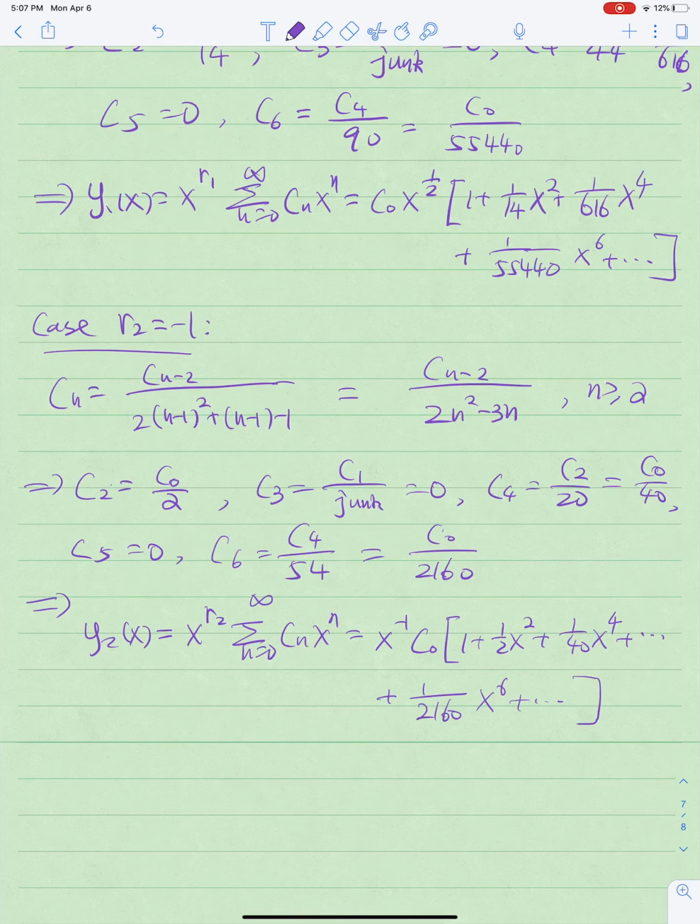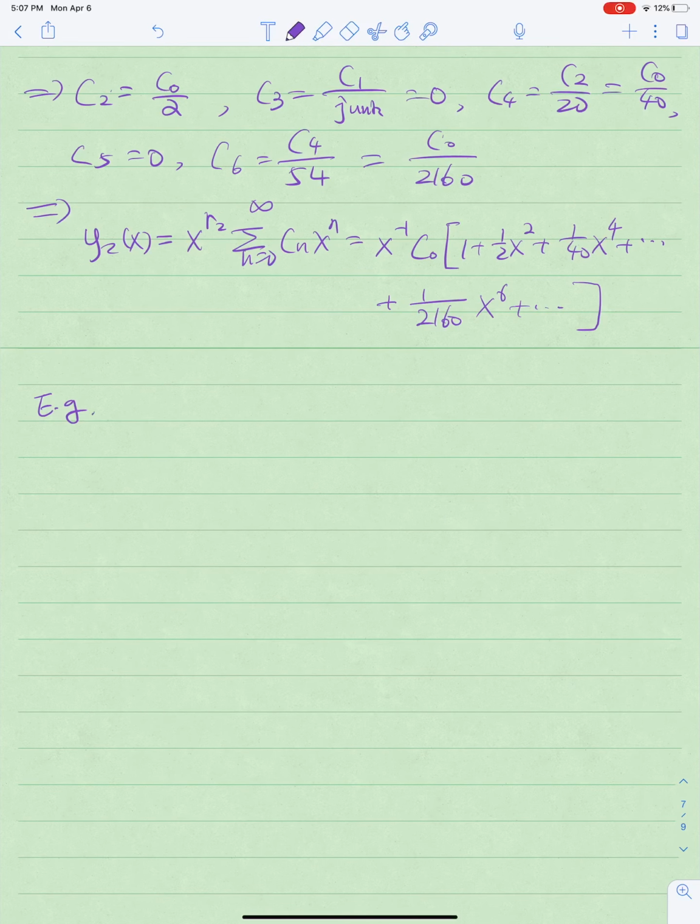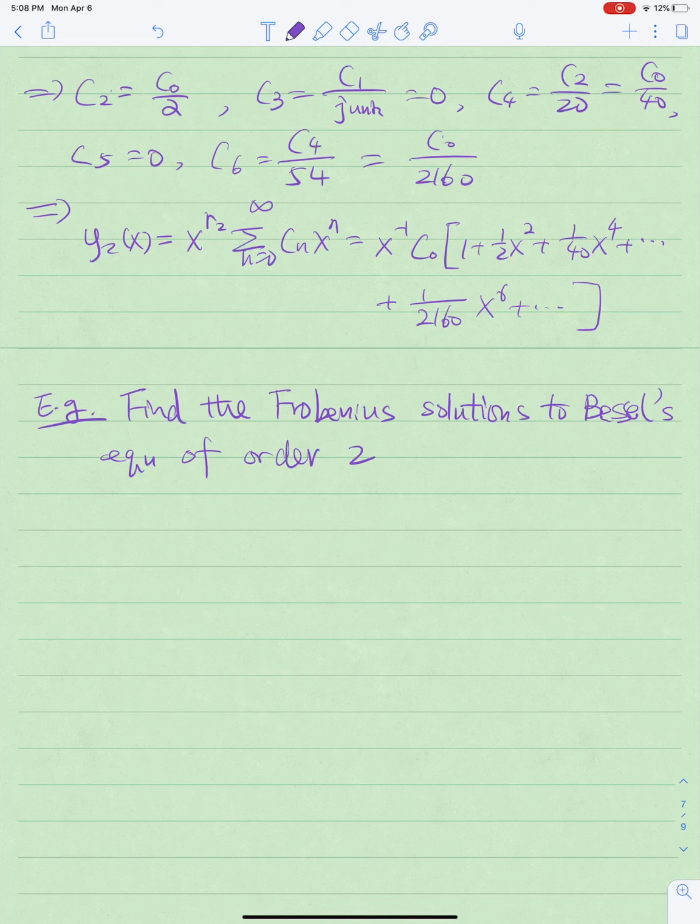Let's look at another example. So this one is a very similar example to the one before.